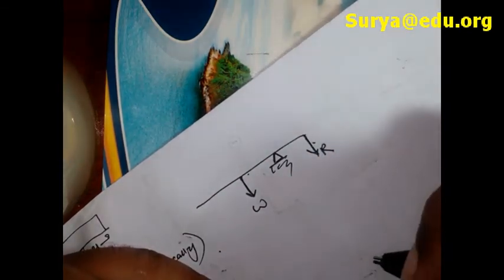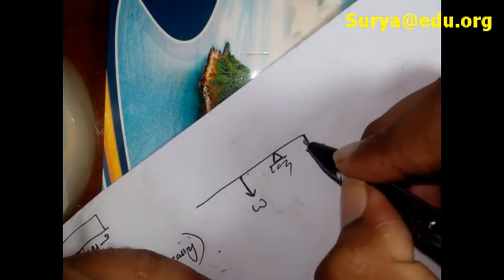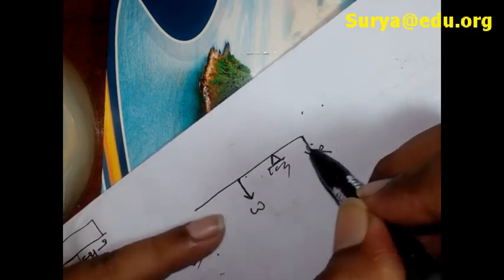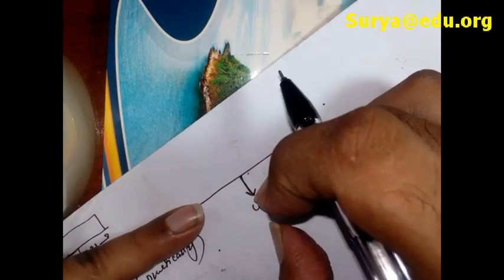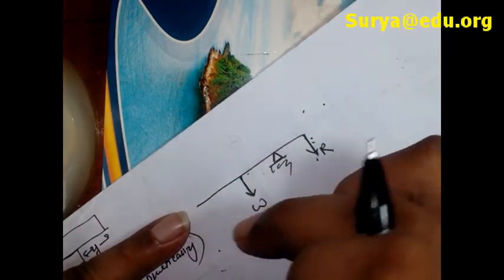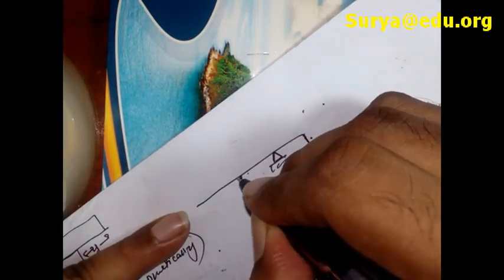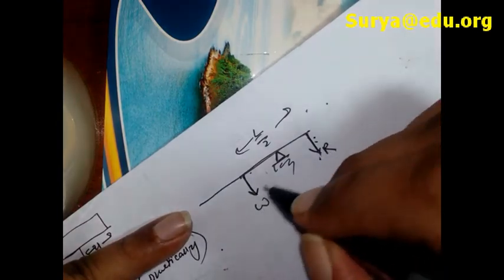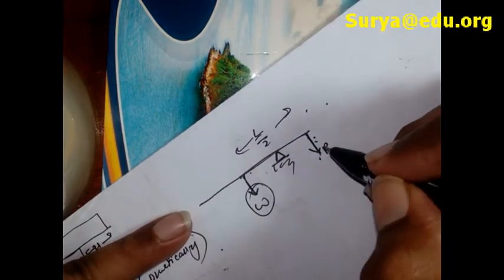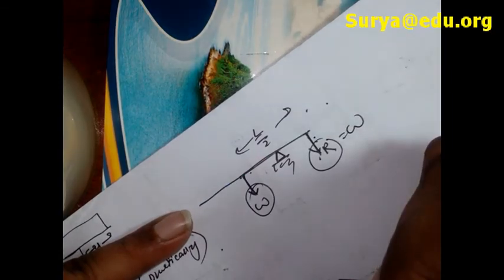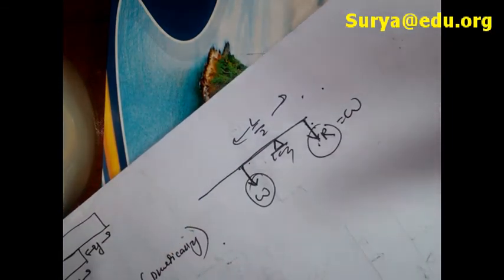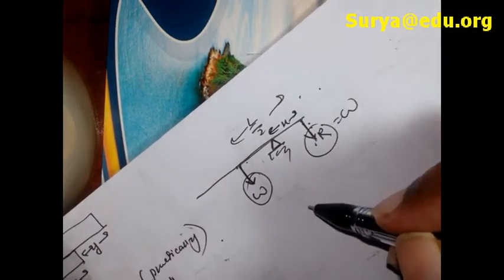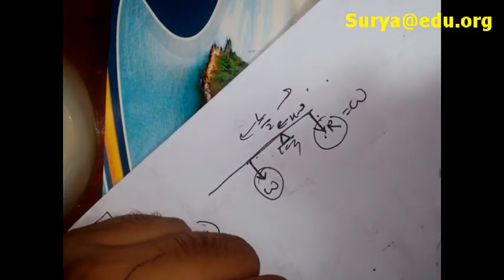This R is acting at the extreme right end, and this W is acting at the mid of this bar, since W is the center of gravity of block number 1. So this length is L by 2, right? These forces you also know: this is W, and this reaction is equal to W. So now no problem, the only variable is this x. To that you are going to write the torque equation. So that's it.